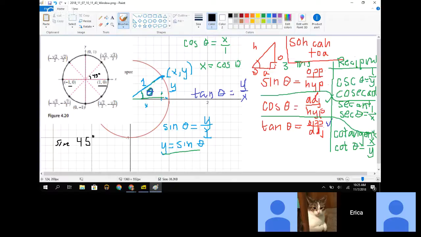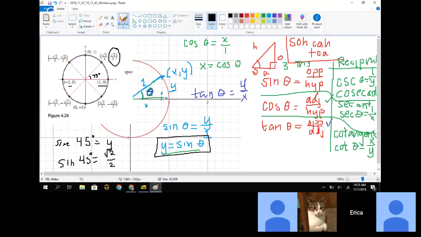The sine of 45 degrees is my y coordinate. So I can look here and my y coordinate is right here, right? So the sine of 45 degrees is the square root of 2 over 2.